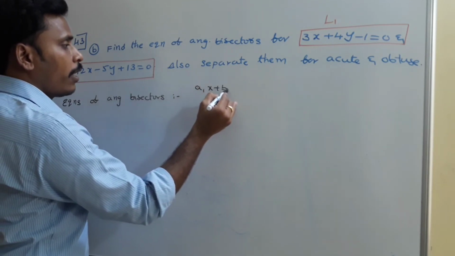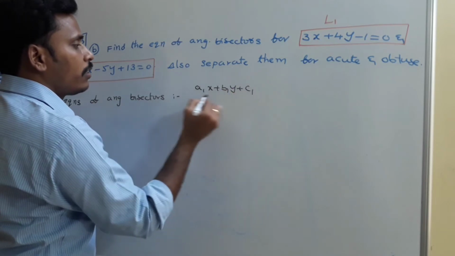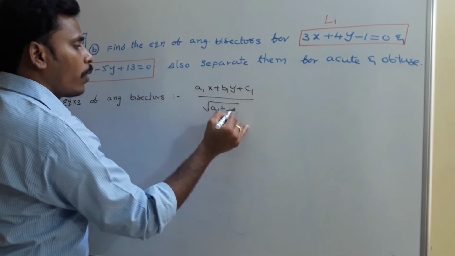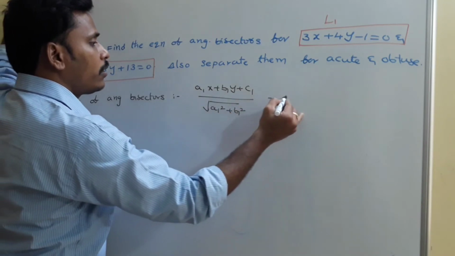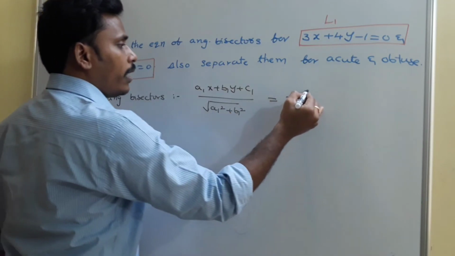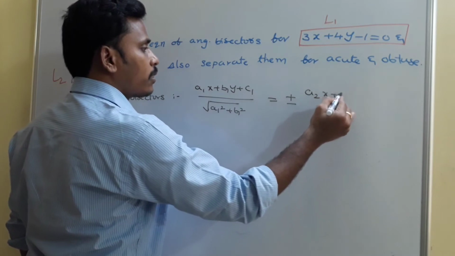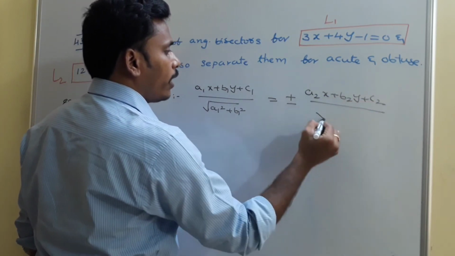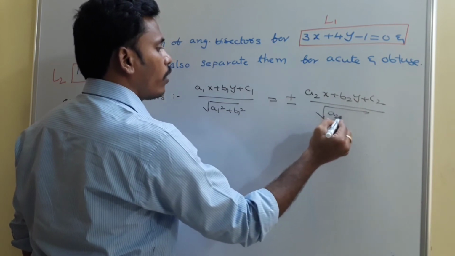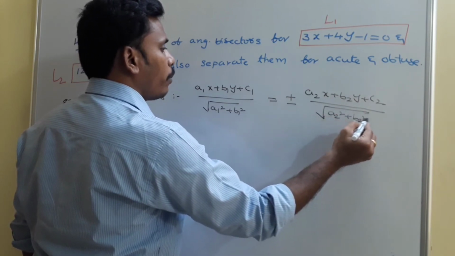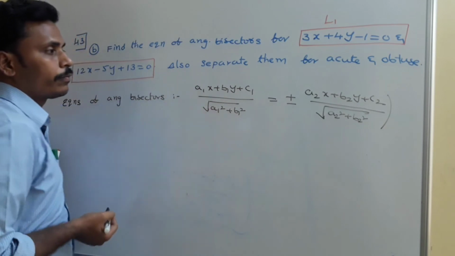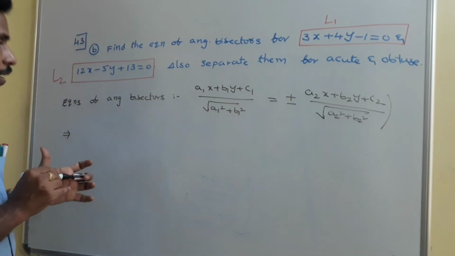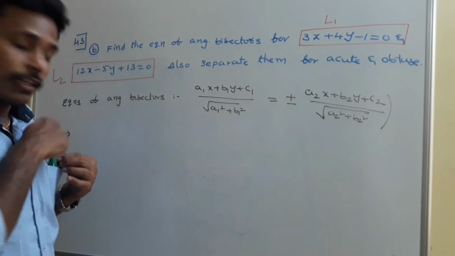A1x plus B1y plus C1 divided by root of A1 square plus B1 square equals plus or minus A2x plus B2y plus C2 divided by root of A2 square plus B2 square. A1x plus B1y plus C1 is nothing but the first line itself.